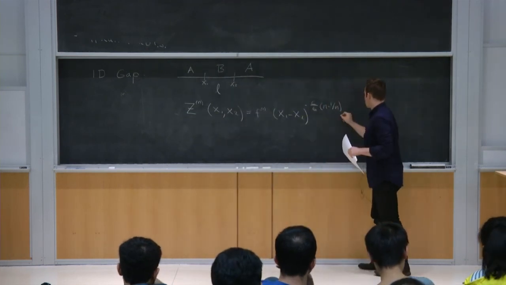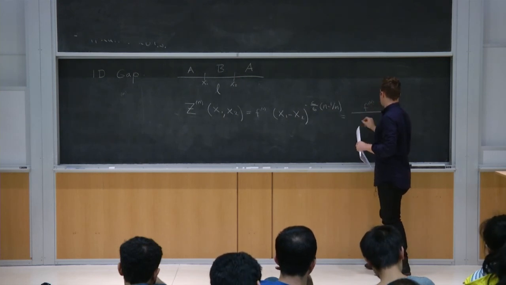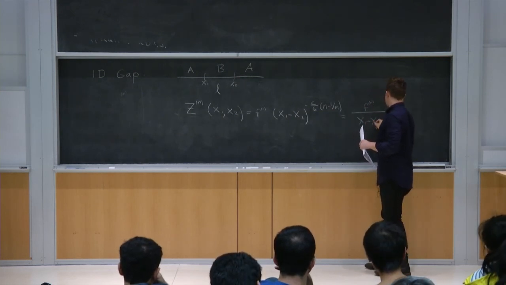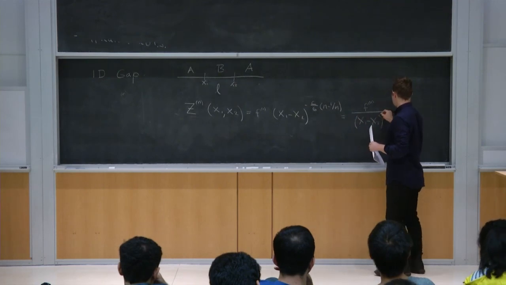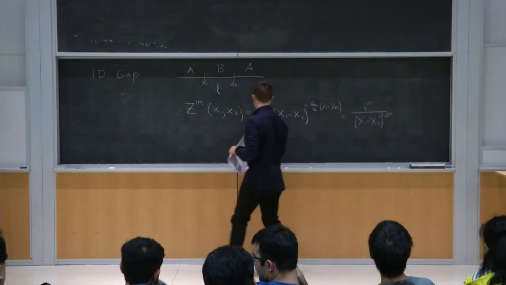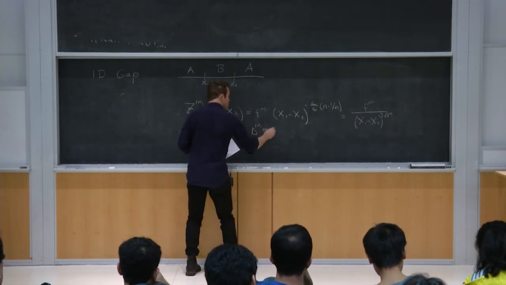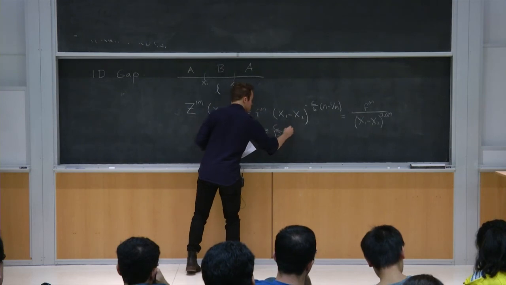Or maybe let me write this a little bit more suggestively, f of n over (x1 minus x2) to the 2 delta of n, where this exponent delta of n is defined to be c over 12 times (n minus 1 over n).